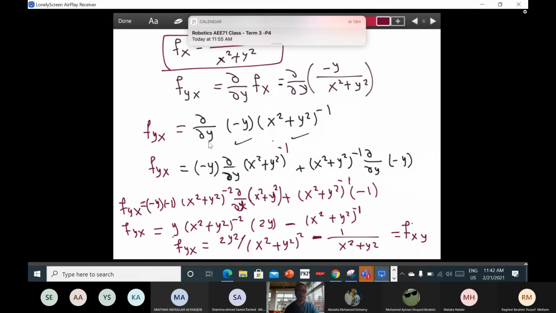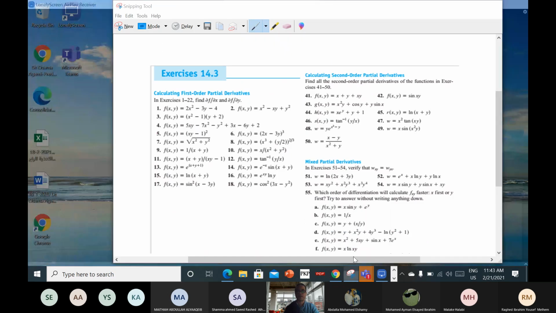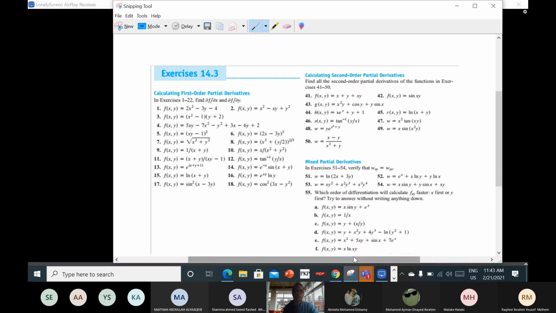Yes, fyx is the derivative with respect to y of fx. So I write the command for fx, and then a command for the derivative with respect to y. So you have to understand mathematics to write the right command in Matlab. I have done my duty. It is your turn to solve any question with this, and please stop recording. Finish.